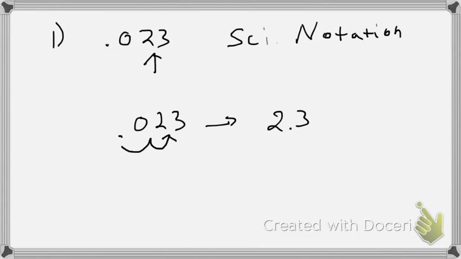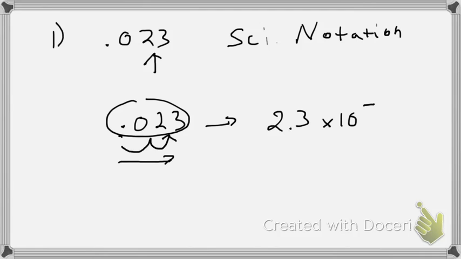But with scientific notation, we always have to include the times 10. Now the exponent depends on which way we move the decimal. If we move the decimal to the right, or in other words, if this number right here is less than 1, so right now it's 0.023, that's less than 1, but a positive number, then we're going to have a negative exponent.